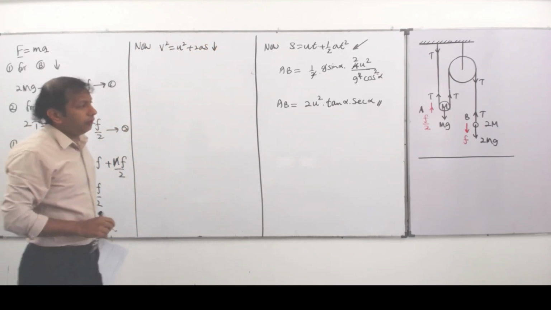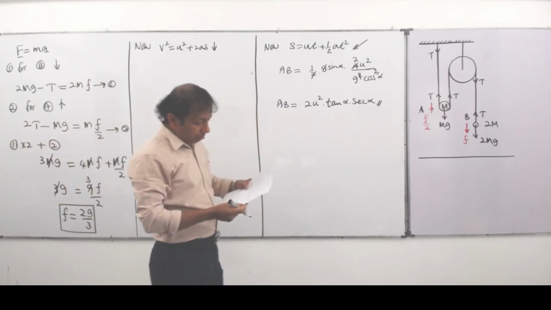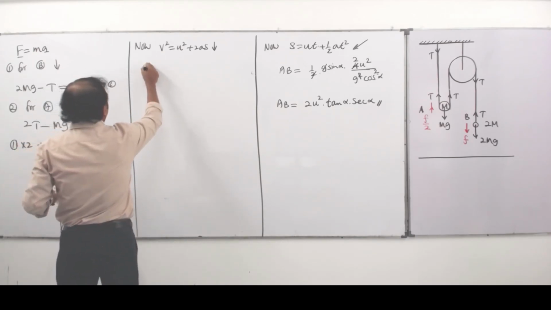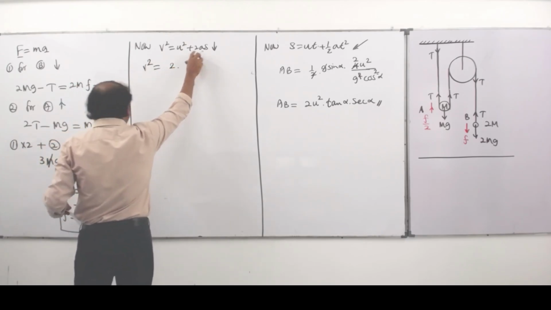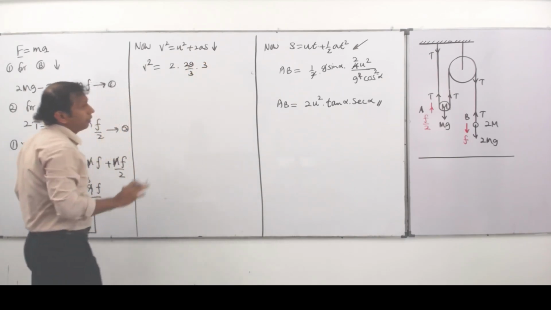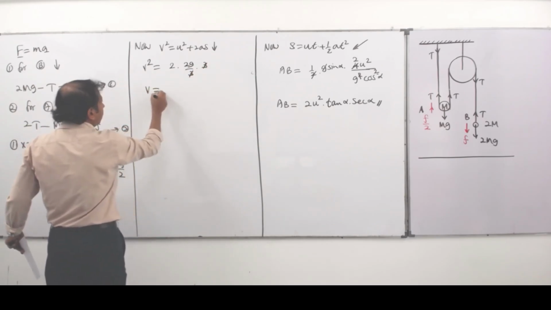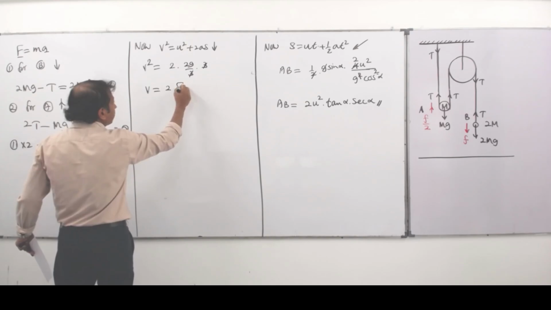Initially it was at a height of 3 meters above the ground. No, then it should move 3 meters just before hitting the ground. Then I am going to find its velocity: v squared equals 0 plus 2 times acceleration 2g by 3, and displacement is 3 meters. This we can cancel down. We get 2 root g is the velocity.